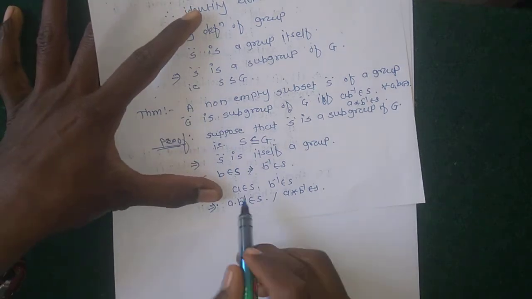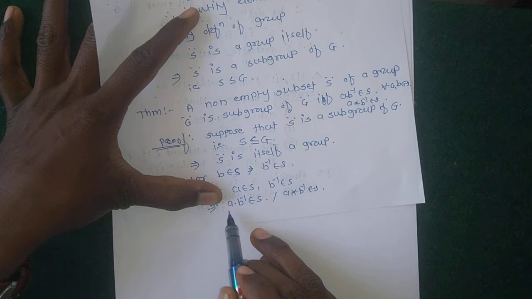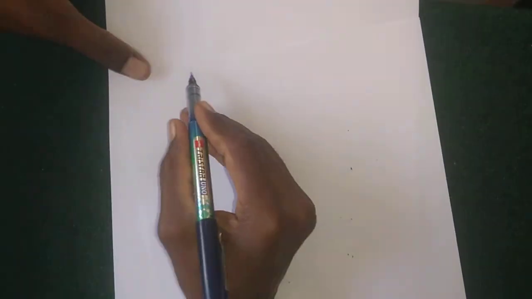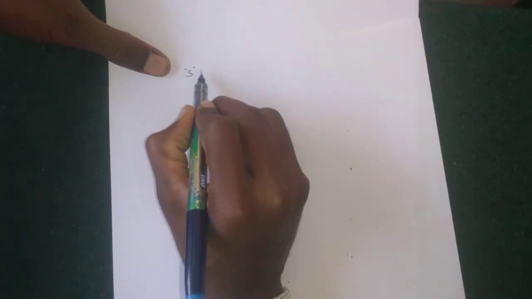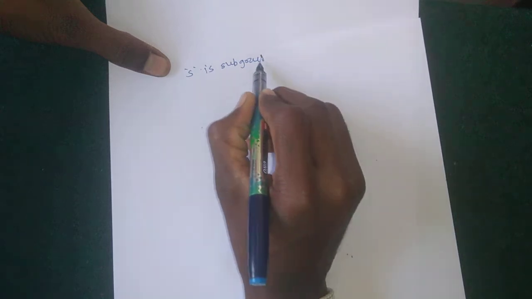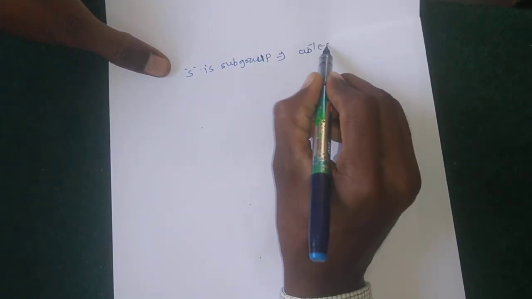Therefore A belongs to S and B inverse belongs to S, so when the binary operation is applied, the value must be in S, meaning S is closed under the given binary operation. So when S is a subgroup, A B inverse belongs to S.